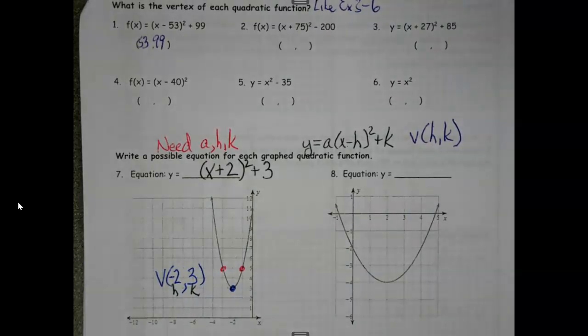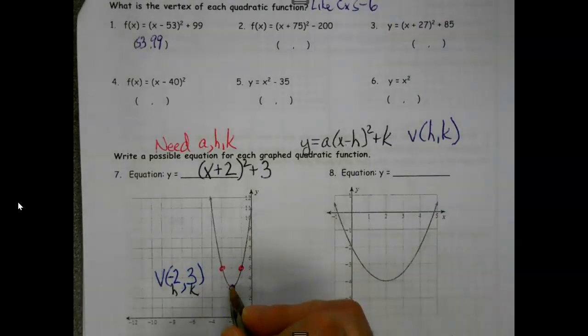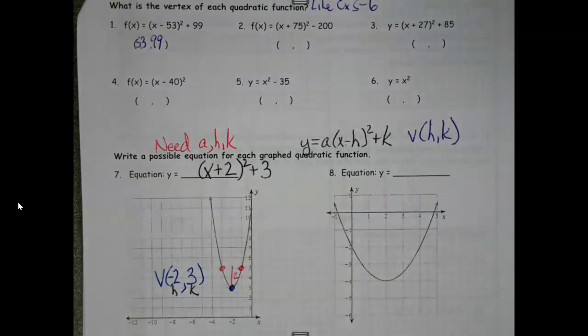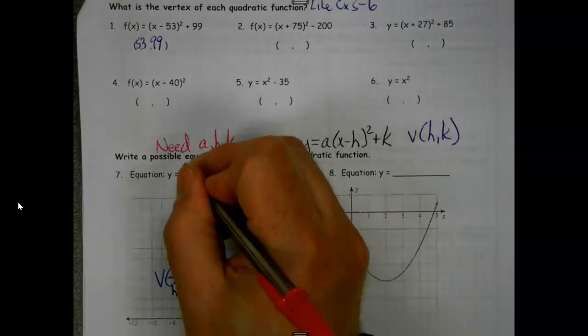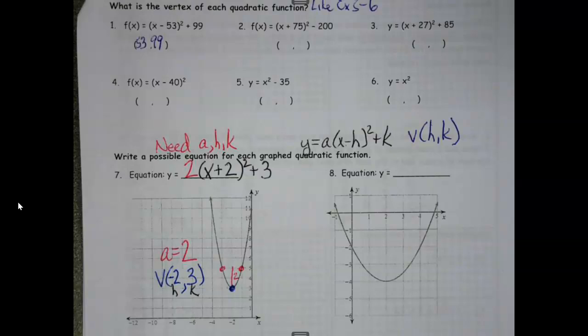And then the only question becomes, how far did I have to go up to get there? I had to go up 2 to get there. So my A value ends up being 2. If I only had to go up 1, my A value would be 1. If I went down 1, it'd be -1.